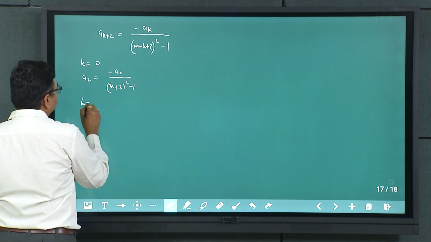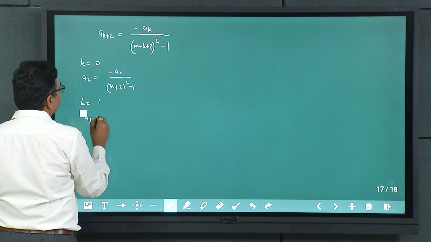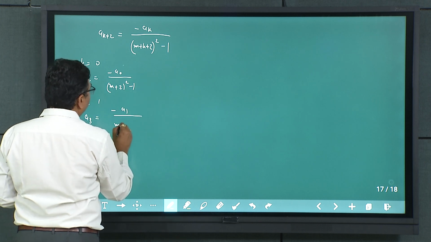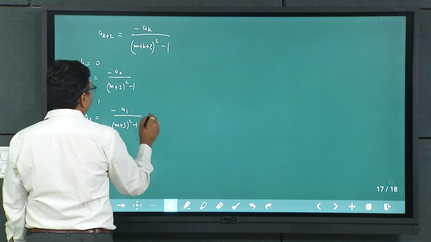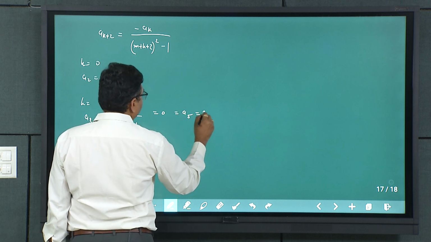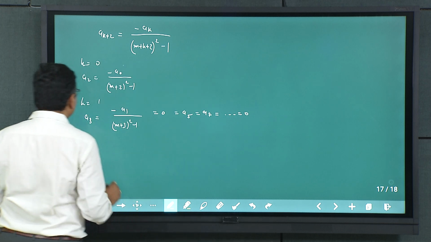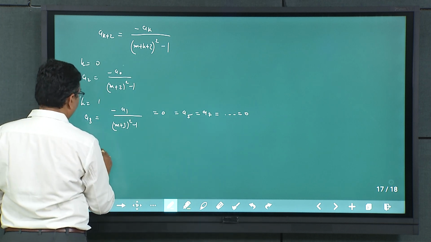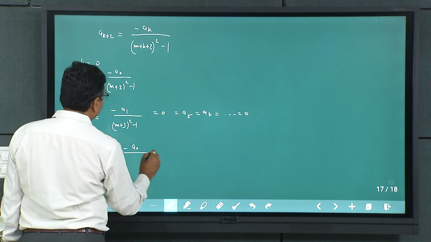Now take k is equal to 1, a3 is equal to minus a1 upon m plus 3 whole square minus 1. Now a1 is equal to 0, so this is equal to 0, and a5, a7, all these terms are equal to 0, right.